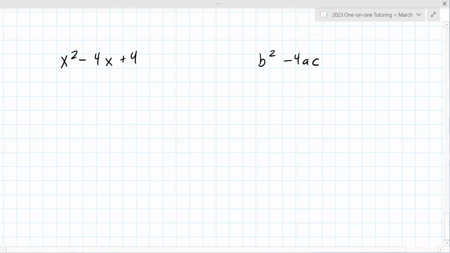So let me put another problem in front of you. X squared minus 4x plus 4. All I want you to calculate is b squared minus 4ac for this one. Nothing more, just b squared minus 4ac, please.